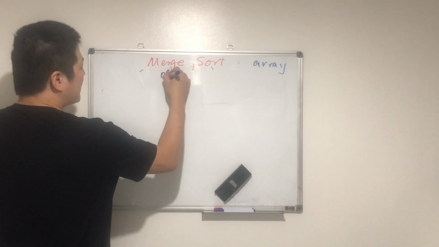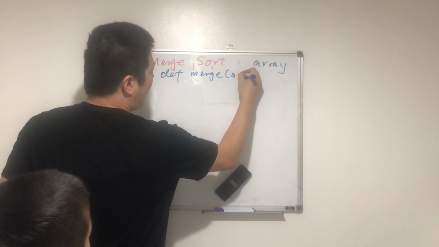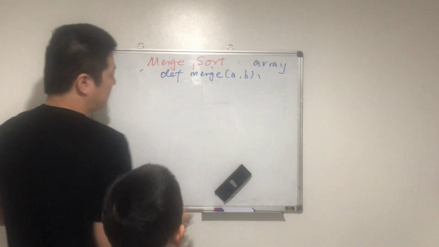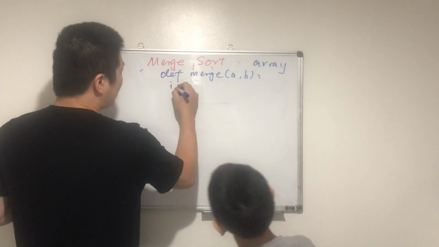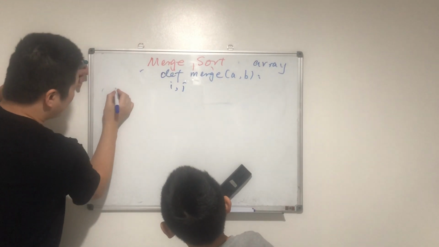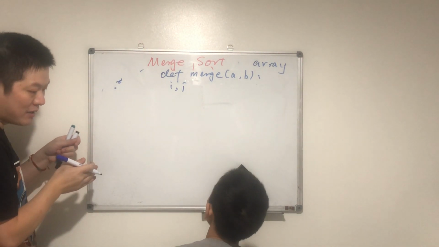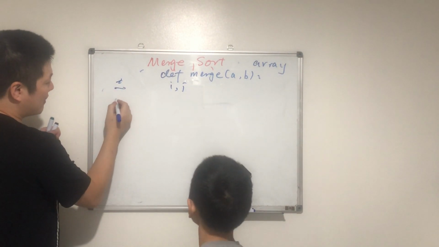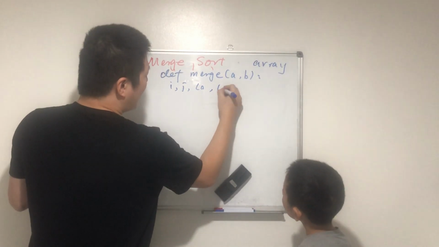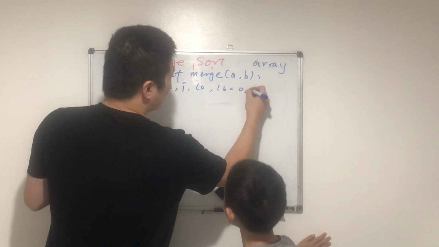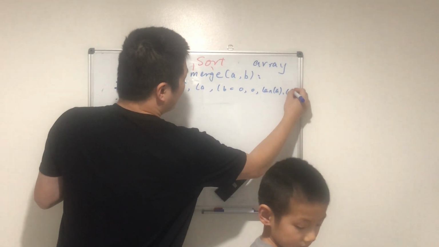Look, and you correct me if I'm wrong, okay? Merge(A, B). Then what? We need to get i, j pointing to the beginning of both. What are we doing? Merge two sorted lists. i, j, LA, LB equals 0, 0, length of A, length of B, right?